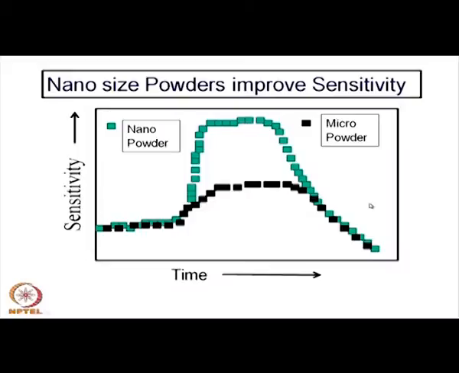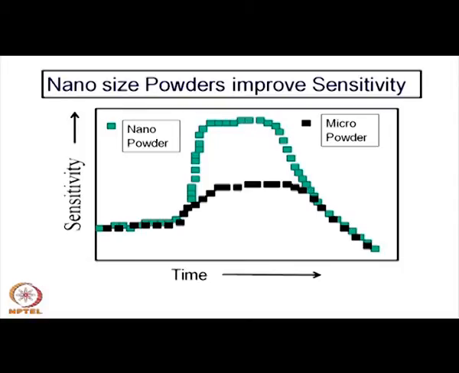So, there is an example of that here, just a schematic again. Once again we have plotted the sensitivity against time, and two types of powders of the same material, either tin dioxide or zinc oxide, sometimes maybe other oxides, nickel oxide or cobalt oxide and all that.